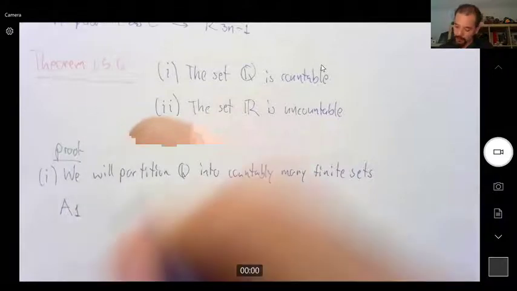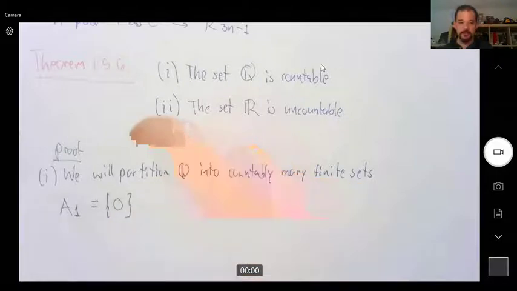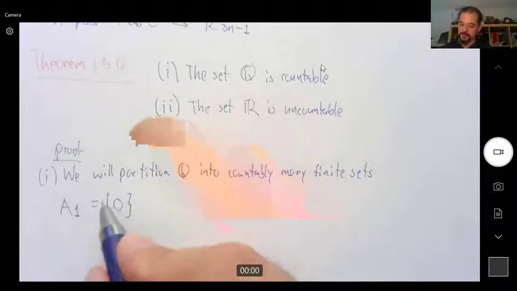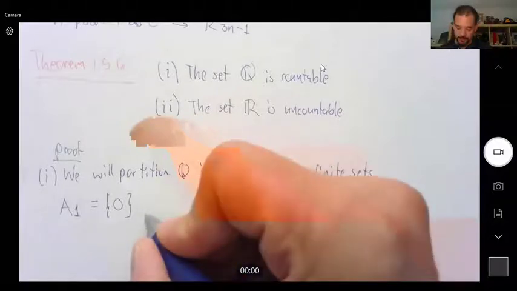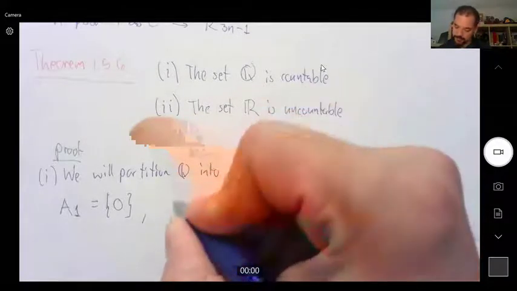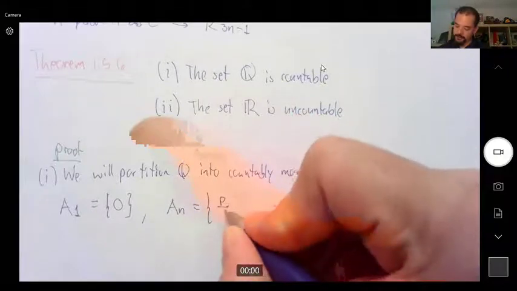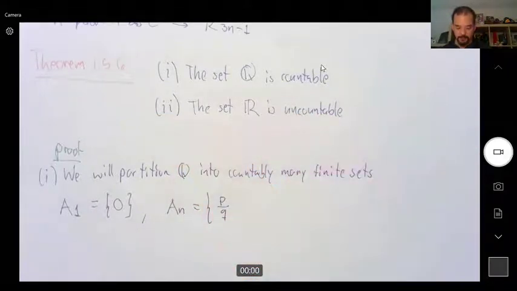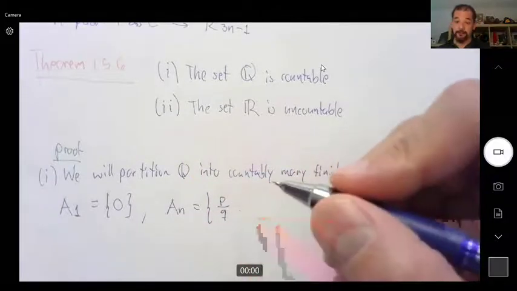The first one, A1, is the set that only has 0. All right? It's not the empty set. It's the set that has the number 0. Okay, that's the first one, and that's the only one that's a little bit special. All the others will be defined like this. You will have all the rational numbers P over Q, where this is in simplified form.